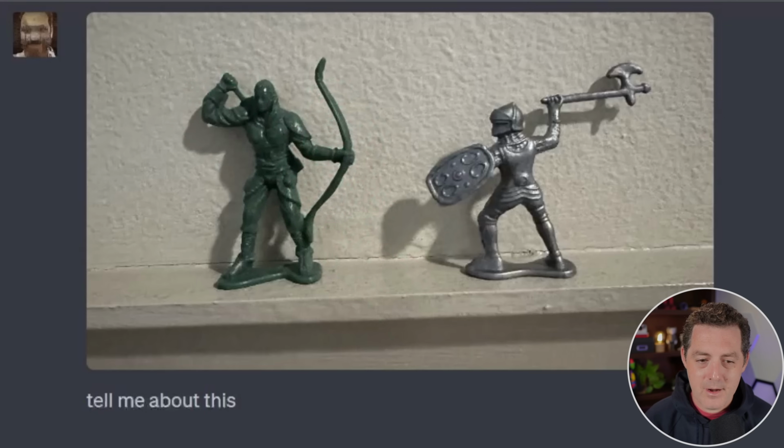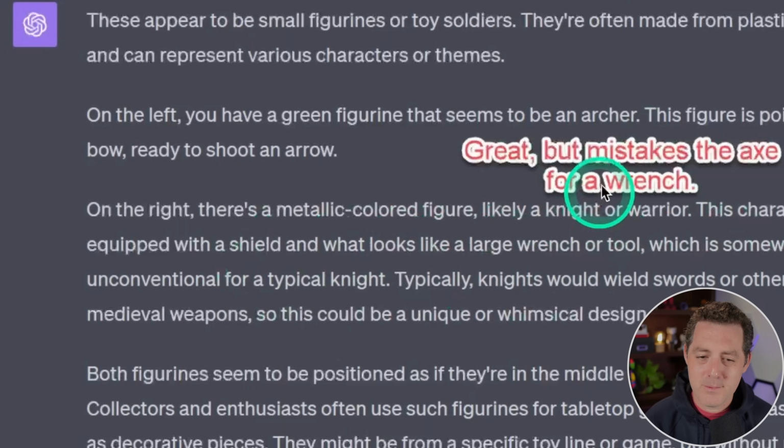Not quite. On the right, there's a metallic colored figure, likely a knight or warrior. This character is equipped with a shield that looks like a large wrench or tool. Yeah, okay. Somewhat unconventional for a typical knight. Typically, knights would wield swords or other traditional medieval weapons, so this could be a unique or whimsical design choice. All right, pretty good. All it's doing is just reading what's in the image.